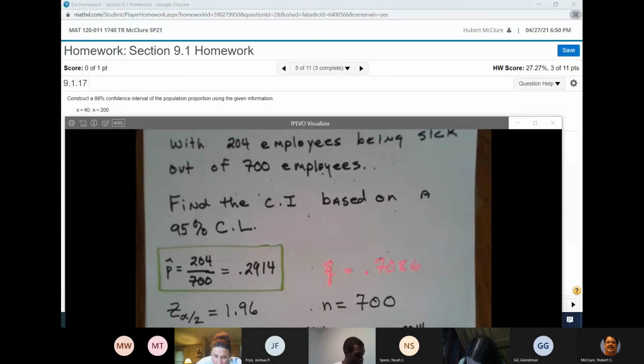Is that X is equal to 40? Yes, X is equal to 40 and N is equal to 200. So the first thing you do is you find P hat, just like I did.